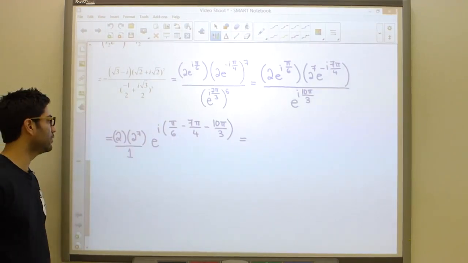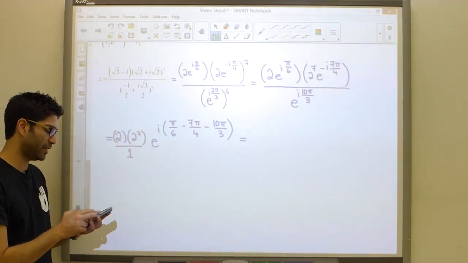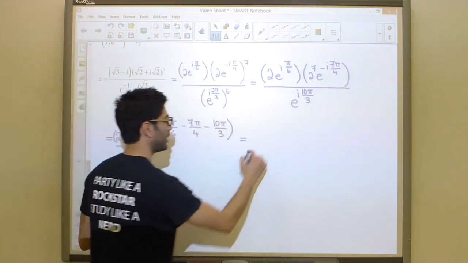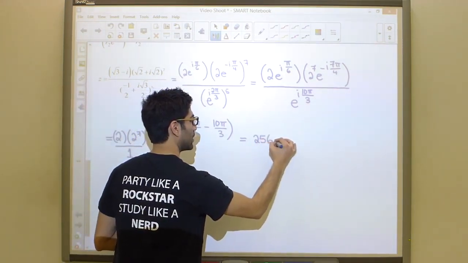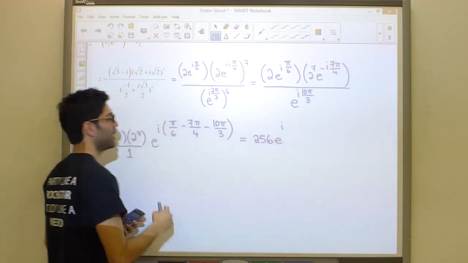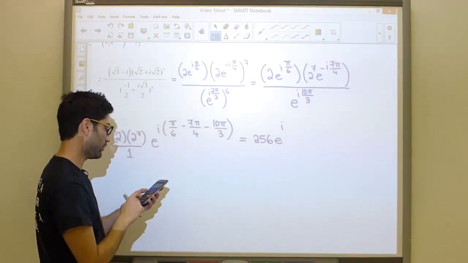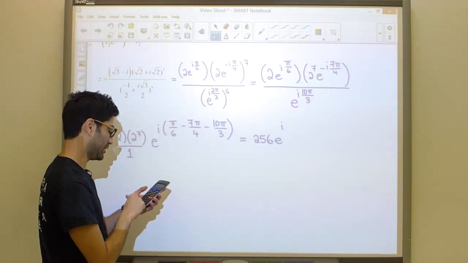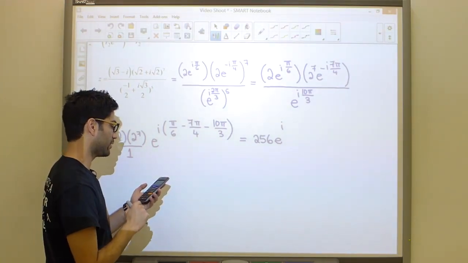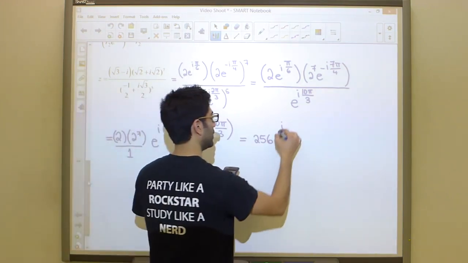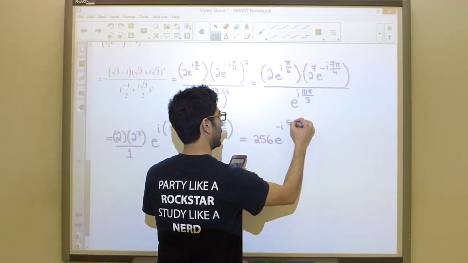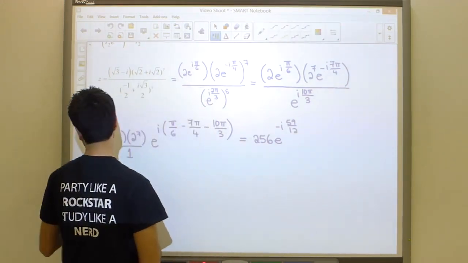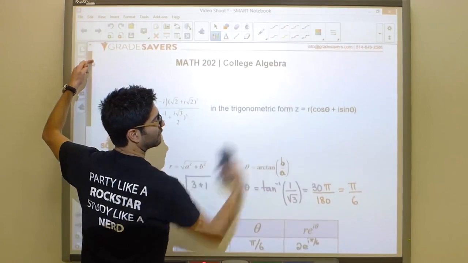If I work this out, 2 times 2 to the power of 7, essentially 2 to the power of 8, is going to be 256. e to the i, and now I'm going to work all of these out. So 1 over 6 minus 7 over 4 minus 10 over 3 gives us a grand total of negative 59 over 12. And that's it, guys. Now what they want us to do is write our answer in that format.